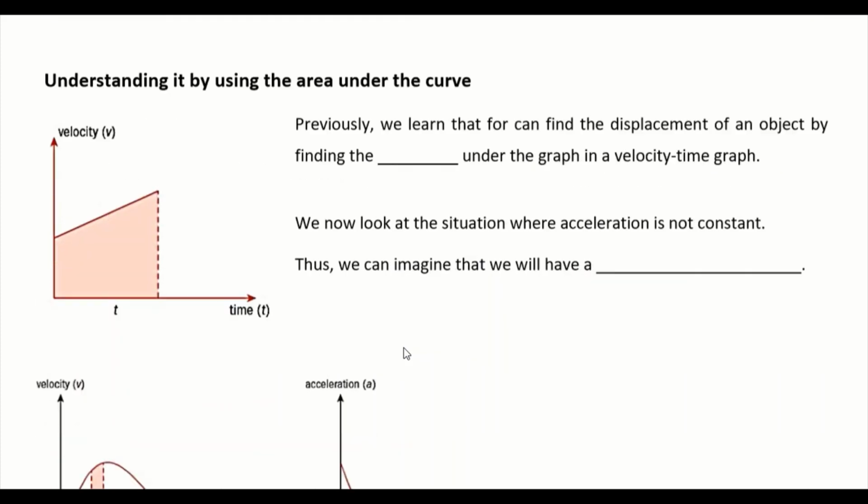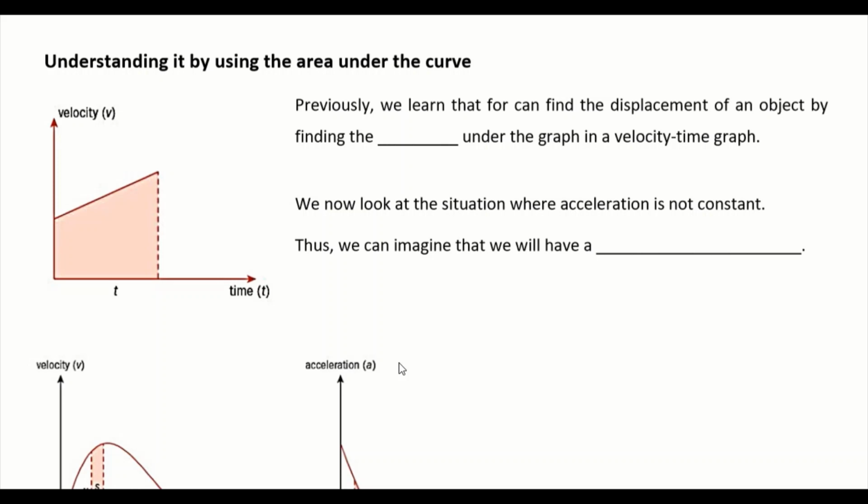The second is that for a velocity-time graph, we use the area under the graph to find displacement. So one of the applications of integration is to find the area under the graph, and by using this idea, we can understand why we need to do the integration in this case.